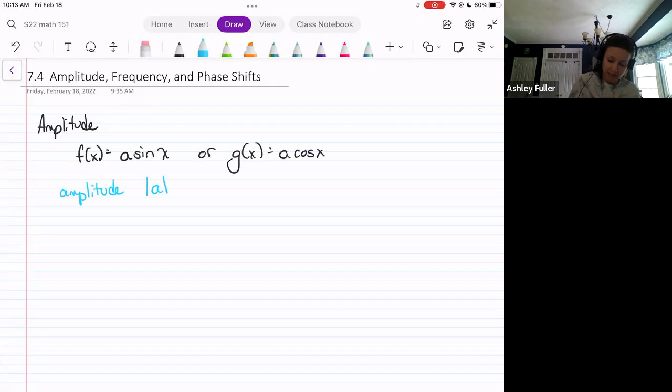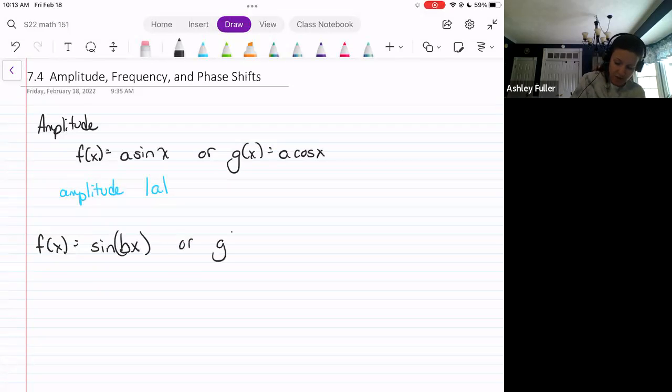The next thing that we can change is, suppose that we have some f of x equal to sine of bx, or g of x equal to cosine of bx. The role that b value plays is it changes the frequency of how often the function repeats.